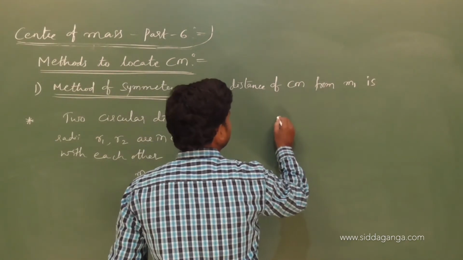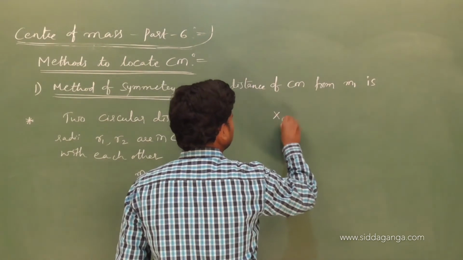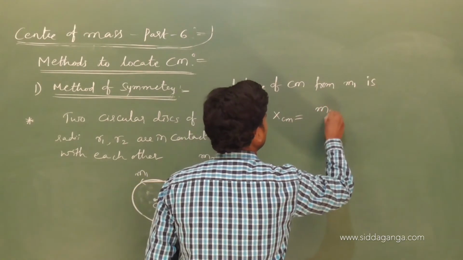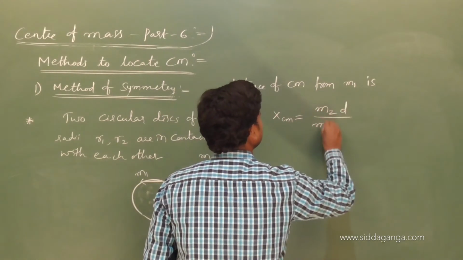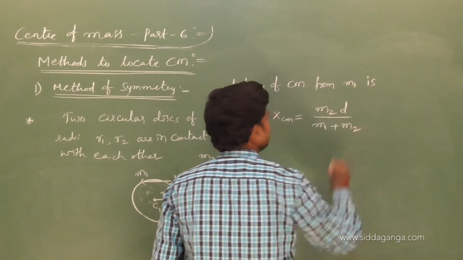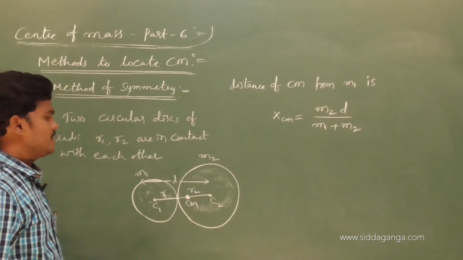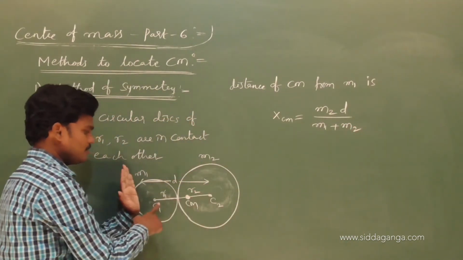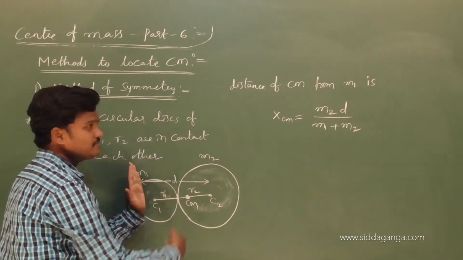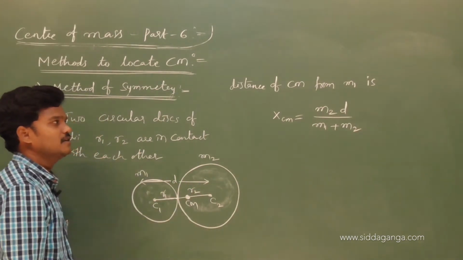So this can be written as XCM equals M2 d by M1 plus M2. The distance of the center of mass from M1 is the opposite mass into the distance between the centers, divided by the total mass.